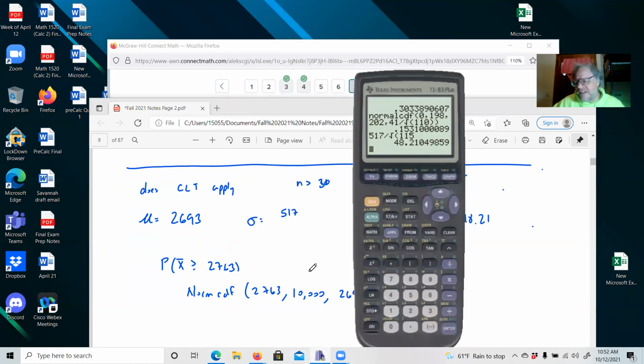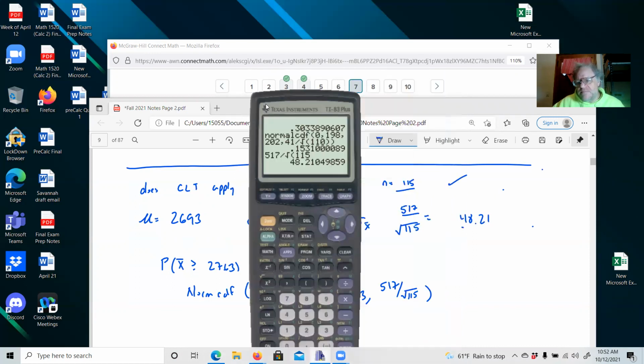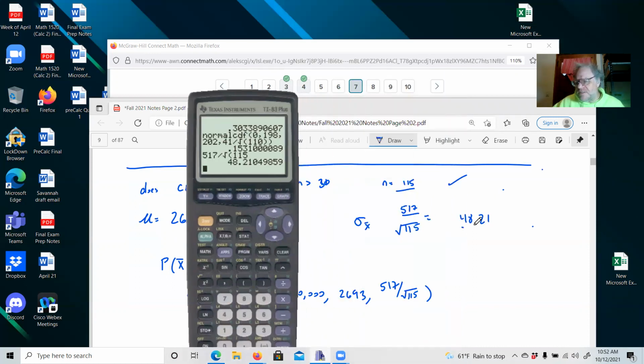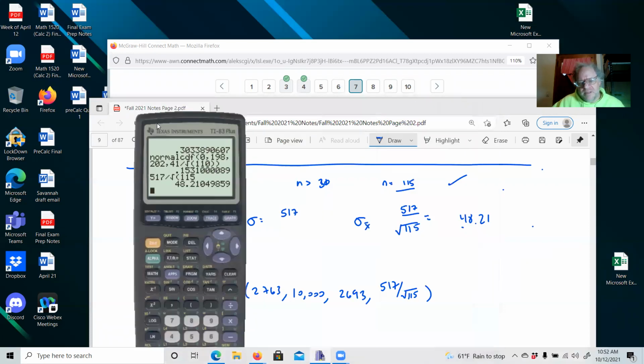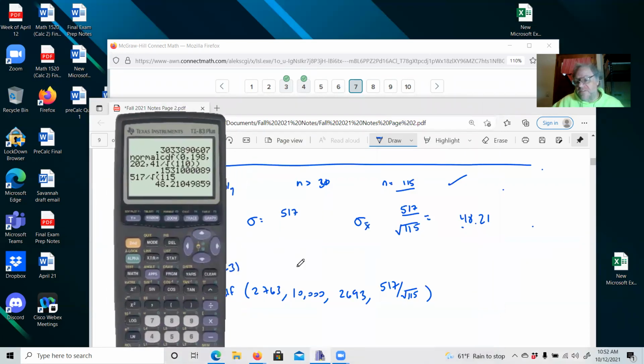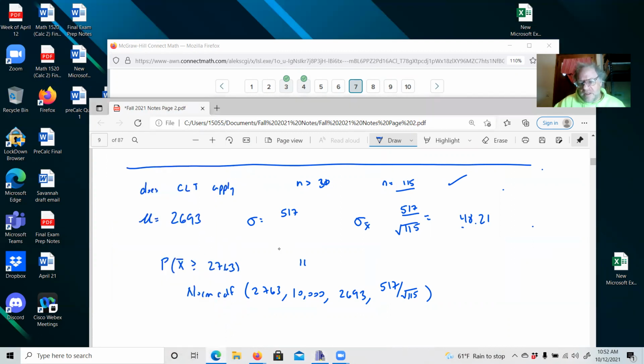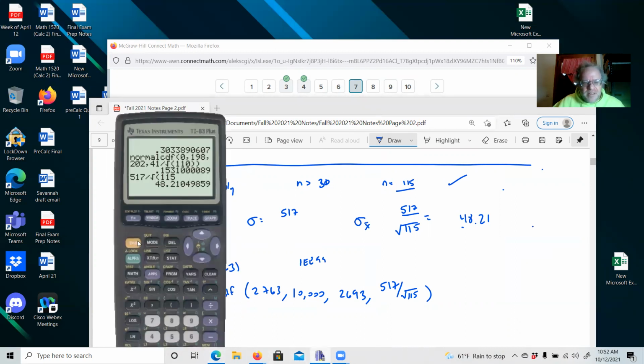And again, the trick is just getting far enough away by standard deviation steps. You may have been able to pick 5,000 and get off of that just fine. Pick 10,000, you could pick 20,000. 1 EE 99 would probably be fewer keystrokes. But second function, distributions, CDF, enter.